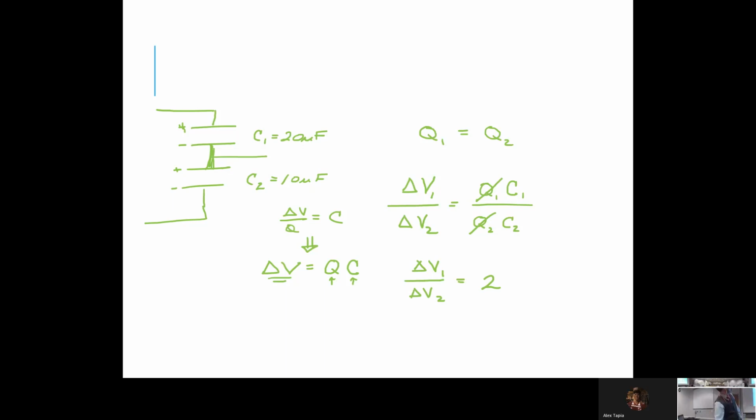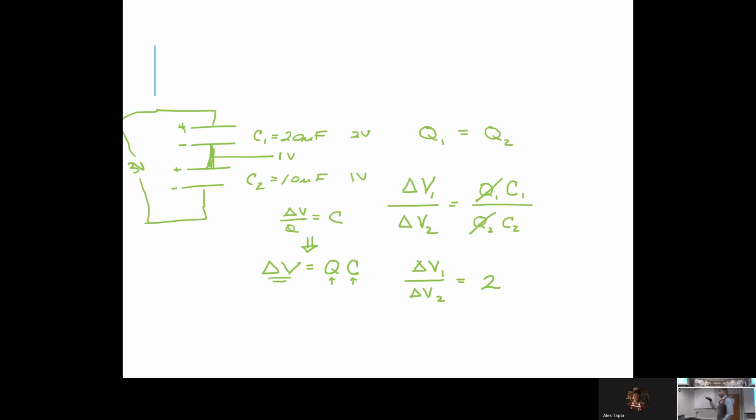Say, if this battery, let's say I hook it up to a 3-volt supply. Sorry, that's terrible. The drop across the top capacitor will be 2 volts and the drop across the bottom one will be 1. And so this wire now is at 1 volt.